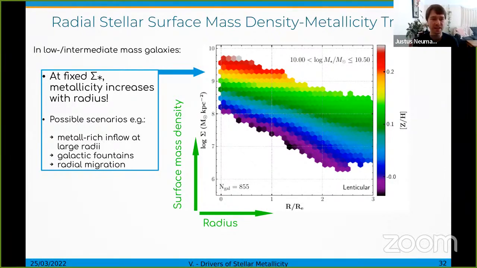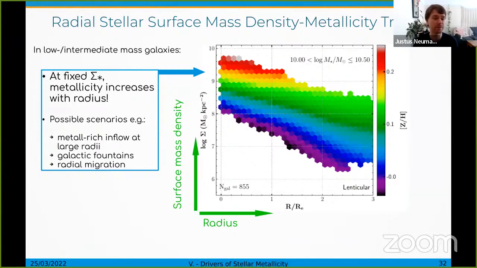But when we look at a fixed mass density, as we see here, then the metallicity increases with radius. So we need an additional radially dependent driver of metallicity, something that promotes the enrichment more strongly in the outer parts of galaxies.